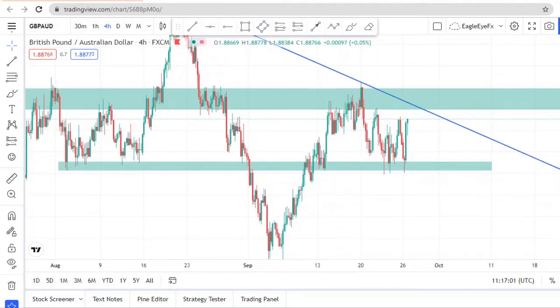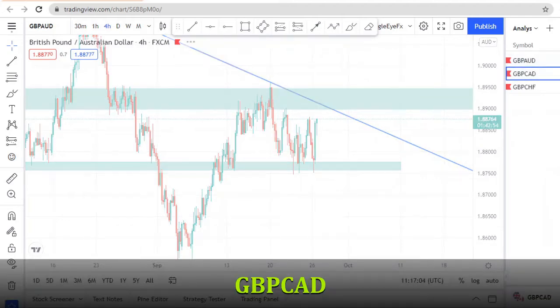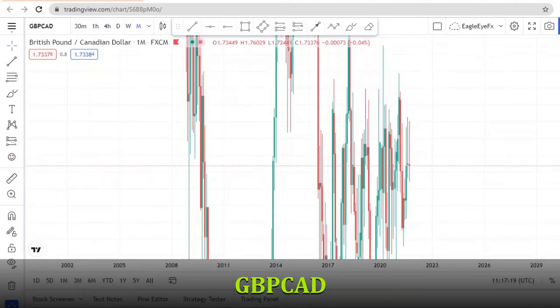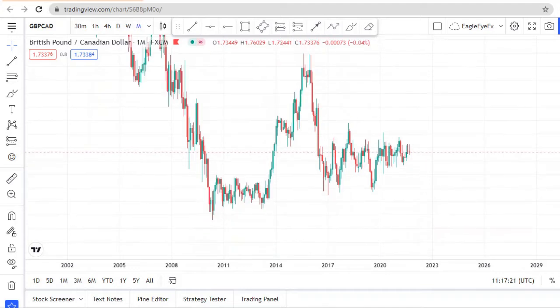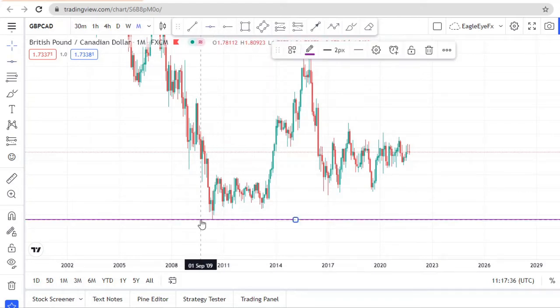Okay, let's go to the next pair, which is GBPCAD. GBPCAD will start from monthly time frame, and GBPCAD has really been, you see, it went up, came down, then now we see some sort of consolidation, right? So let me mark this here.